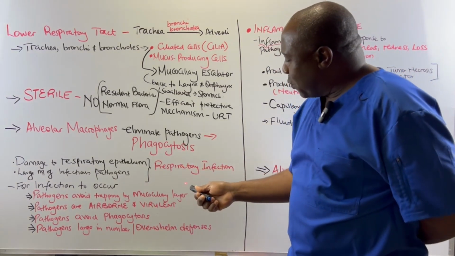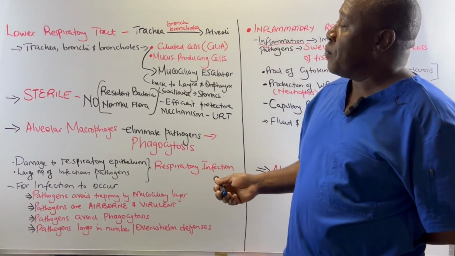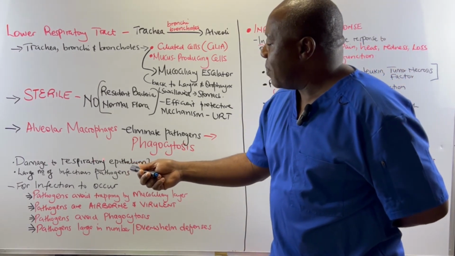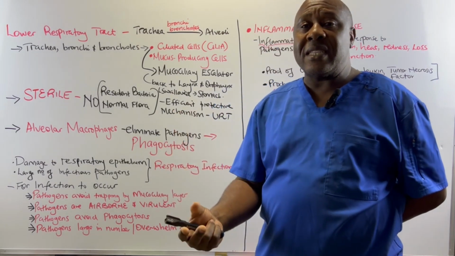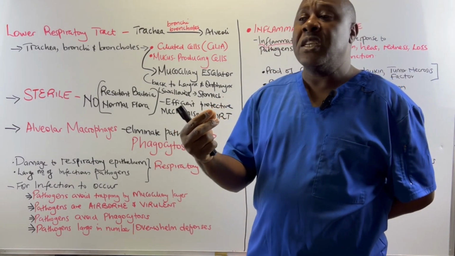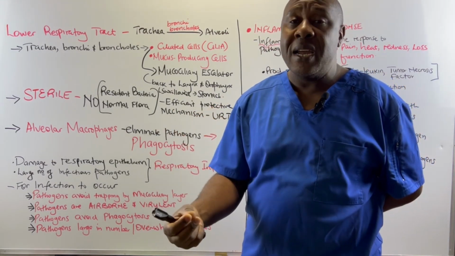So a respiratory infection will only occur if we have damage to the respiratory epithelium. And remember, these are cells which produce substances that kill the pathogens.